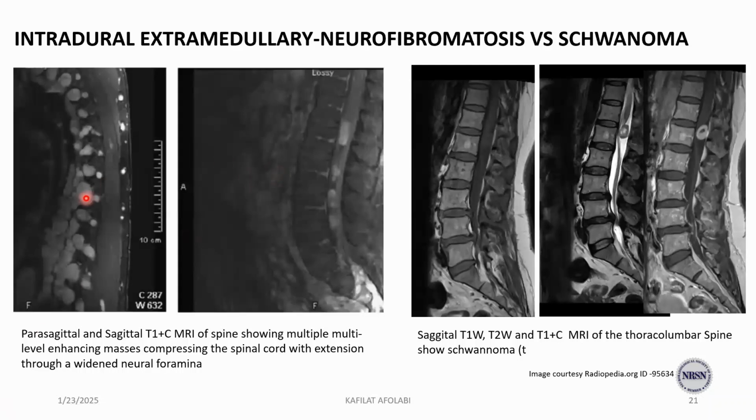I have here a right parasagittal, actually a neuroforaminal parasagittal, T1 magnetic resonance image plus contrast, and a midline sagittal T1 plus contrast as well on one half of my screen. So I'm going to talk about that first.